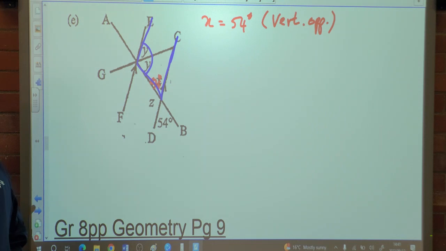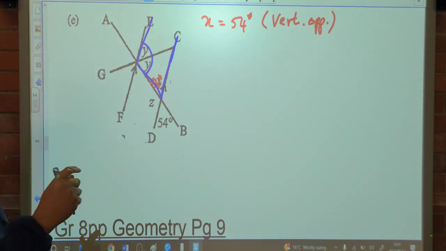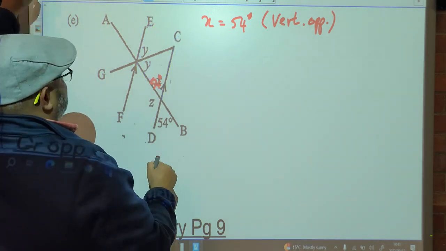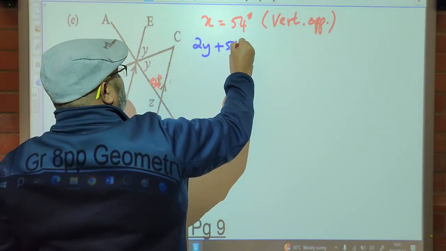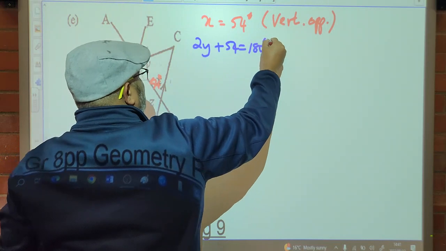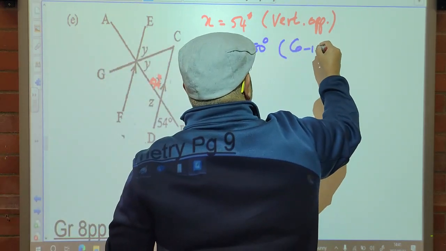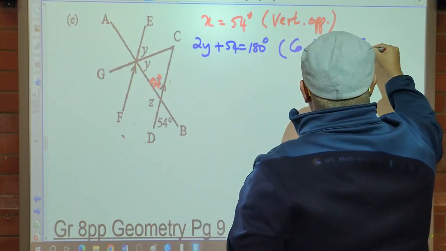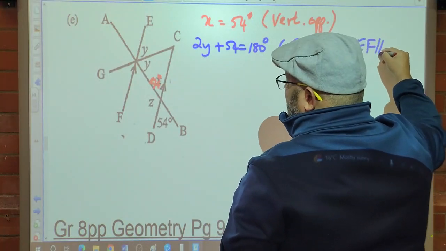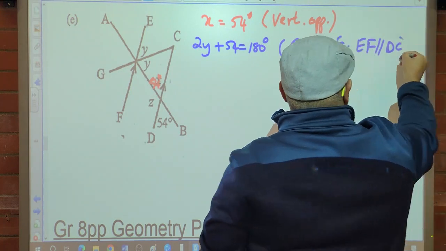Remember, co-interior must add the two angles. Okay. So what do you want to say? 2y plus 54 equals 180. Why? Co-interior angle. With EF being parallel to DC.